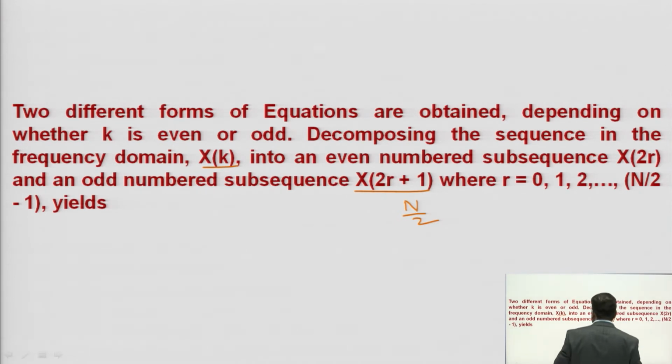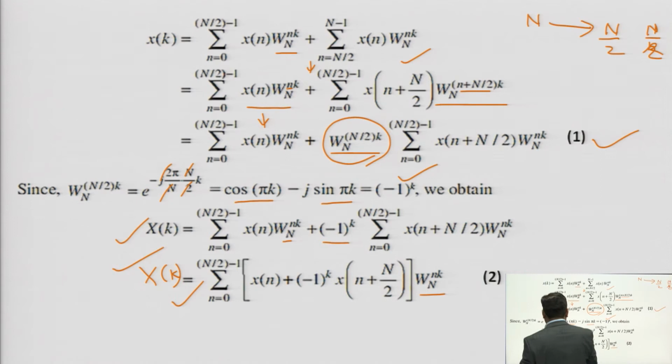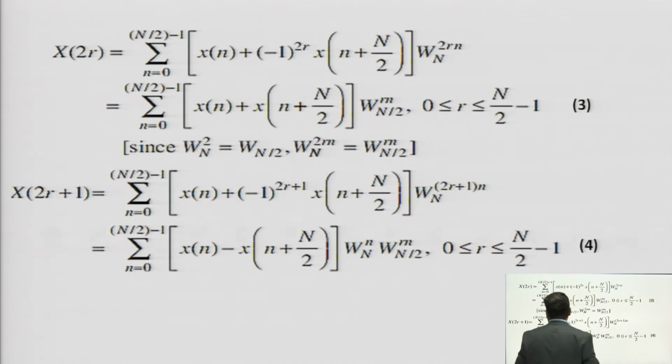So, it will become here like X[2r]. For even you are putting capital K is equal to 2r, and capital K is equal to 2r plus 1 you are putting for the odd sequences. So, for even, X[2r] is summation n = 0 to N/2 minus 1.